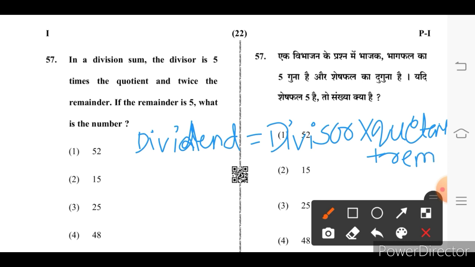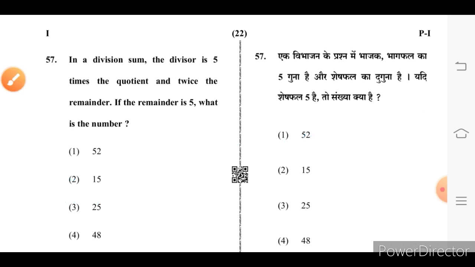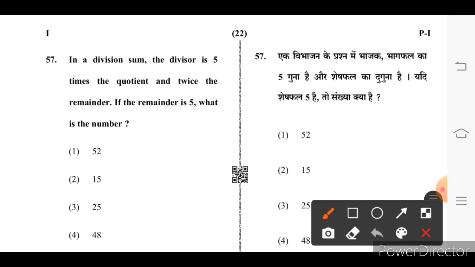So this is dividend, this is divisor, this is quotient, and here remainder. From this law, this is the formula, and in a division sum the divisor is 5 times the quotient.